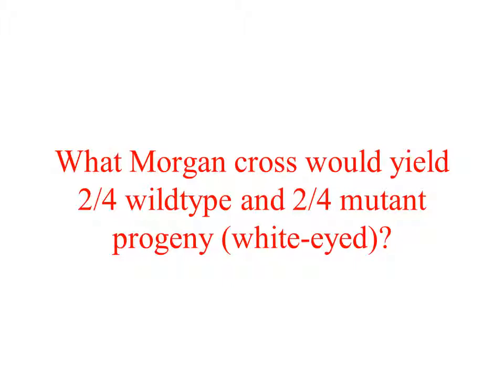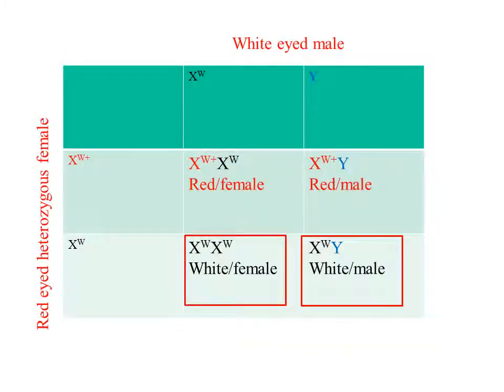If you are not done, please push pause. In this cross, notice that you would have to cross a red-eyed female that is heterozygous and a white-eyed male. If you cross those two individuals, you would get 50% red eye and 50% white eye.